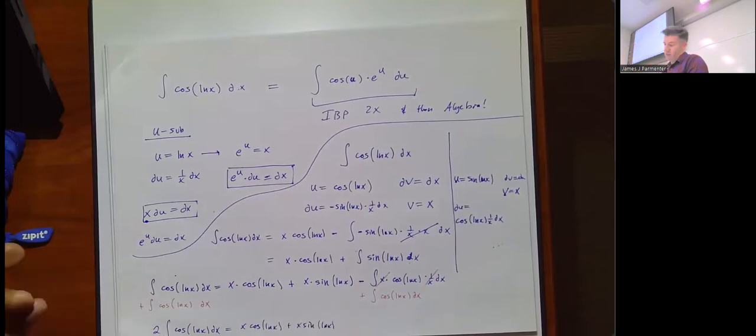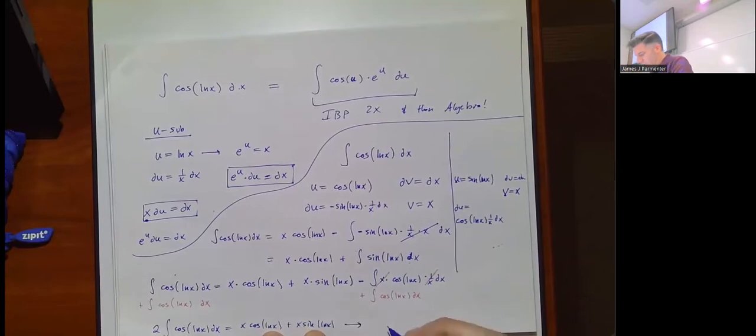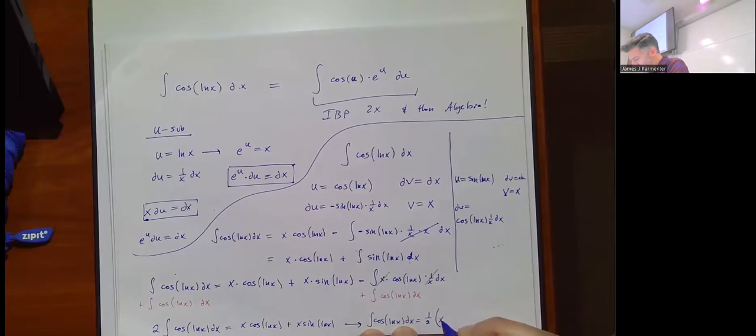And then finally divide both sides by 2. So you end up getting the integral of cosine of natural log of x dx equals all of that divided by 2, or times 1/2: 1/2 times x cosine of natural log of x plus x sine of natural log of x plus c.